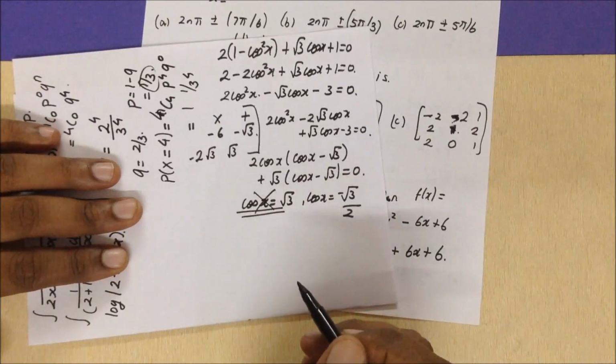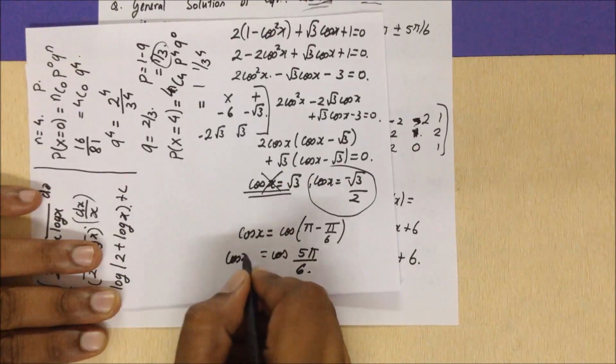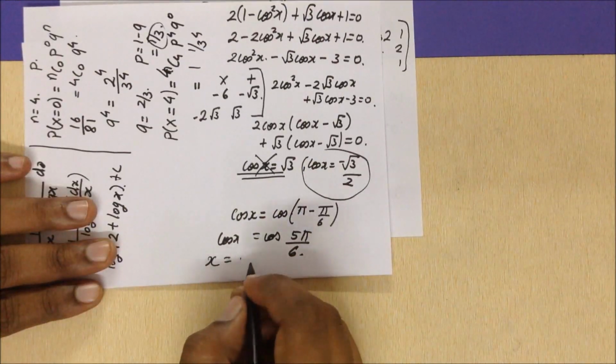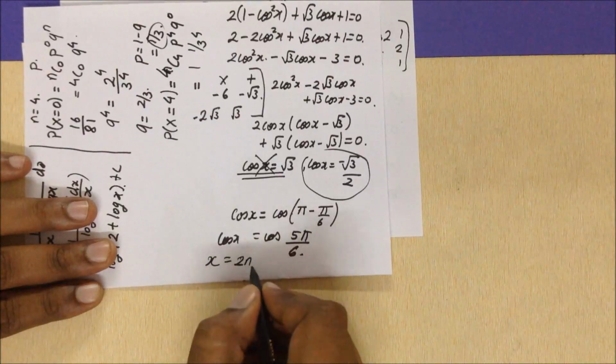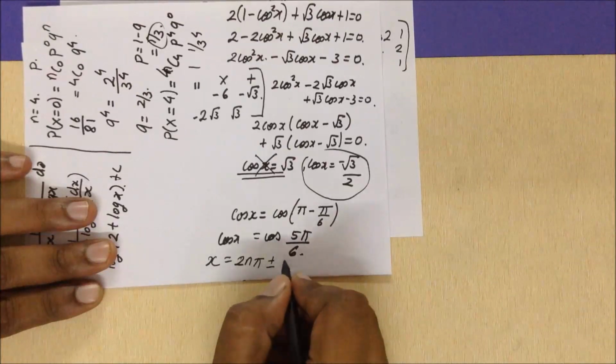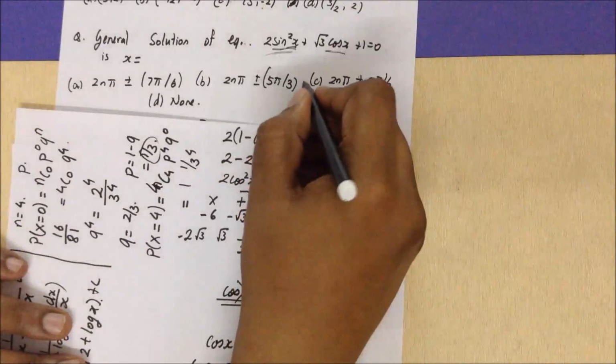So I have to ignore this. So I have to concentrate on this. My cos x is equal to cos of 5 pi by 6. So using my standard form, I will be getting my x equals 2n pi plus minus 5 pi by 6. So that's your option C.